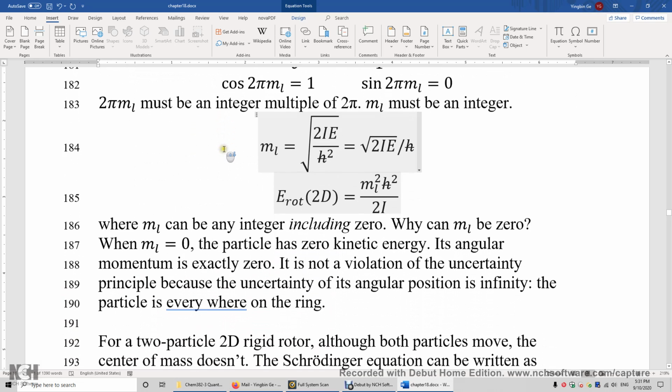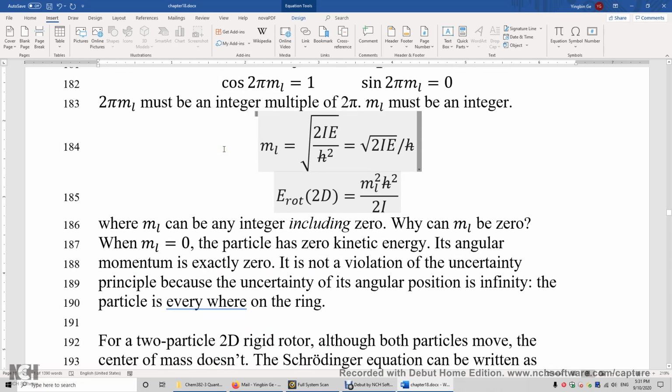And what does that mean? That means this particle is all over the ring. This particle is a wave, and that wave is evenly distributed over the entire ring. It's everywhere on the ring. I have no idea where the particle is.